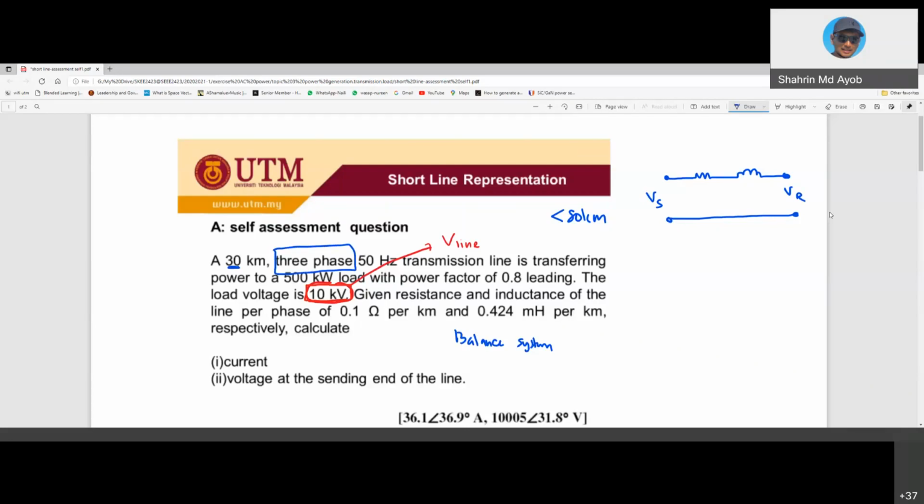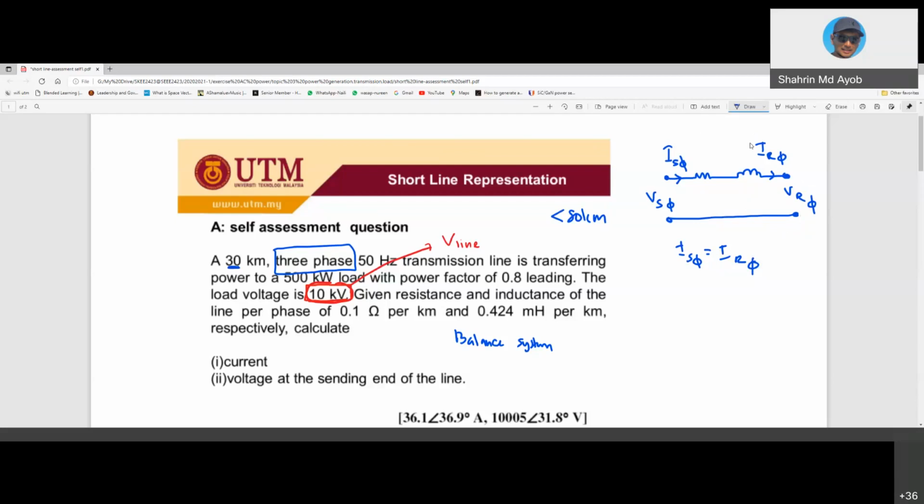All the voltages here are phase voltages, and the current here is also a phase current. The sending current I_S is equal to the receiving current I_R, where S is sending while R is receiving. So it's very simple and straightforward.